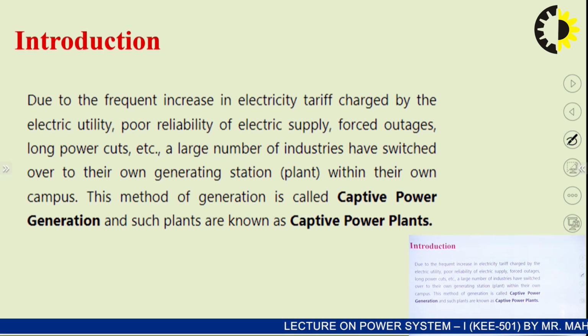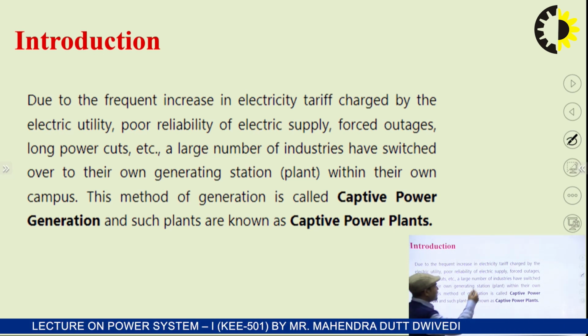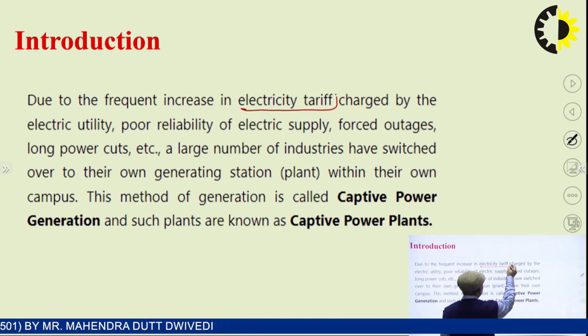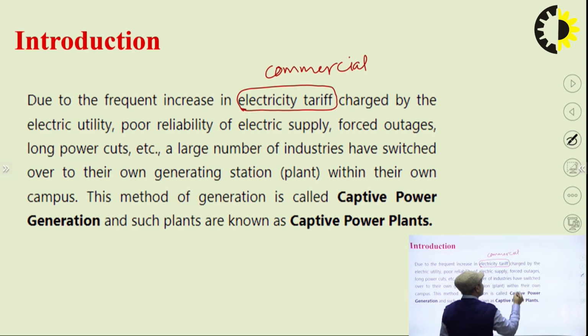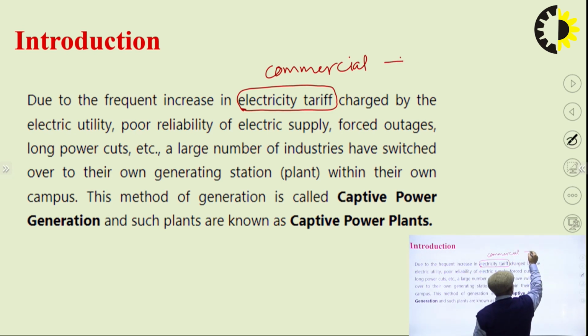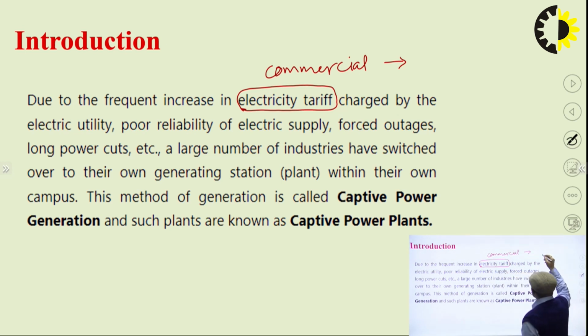Due to frequent increases in electricity tariff, if we talk about the commercial tariff, it may vary from state to state. The commercial per unit cost may be 10 to 15 rupees per unit depending on the state.